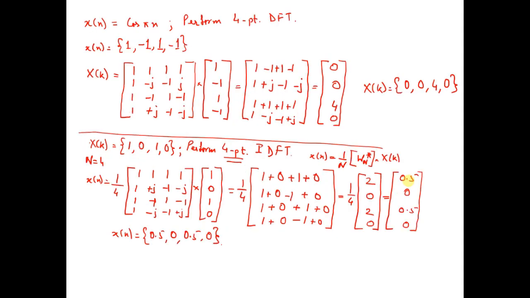Then again, if I give you x[n] equals cos(pi n), you have to get the values of x[n] from there, perform 4-point DFT. So you have to find out 4 values and do the forward transform. And then again X[k] equals 1,0,0,1,0,1,0, perform 4-point IDFT. So in this way we have to do the IDFT.